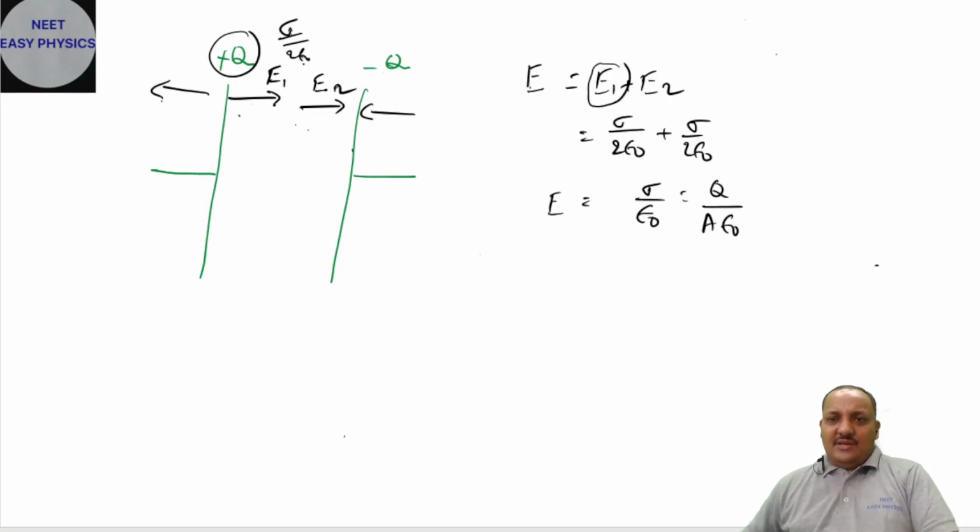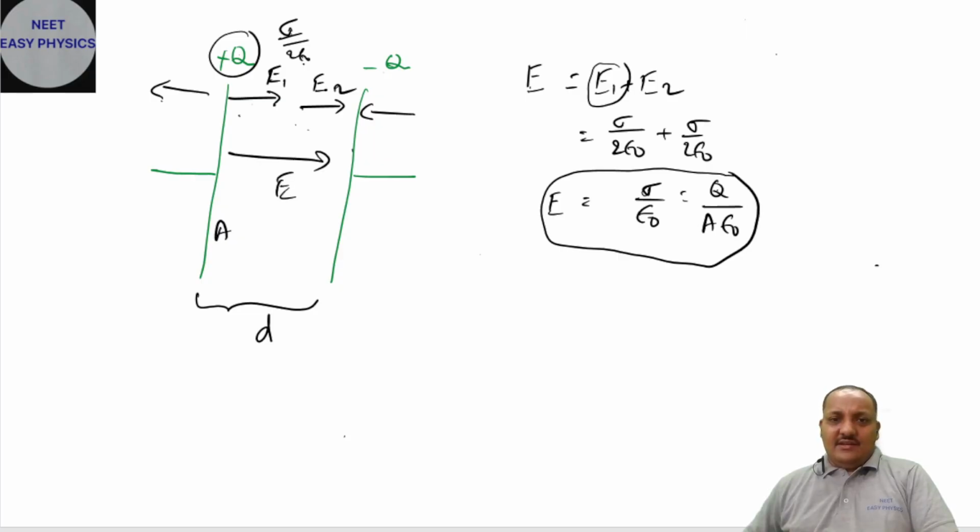Q by A. All these we discussed in the first lesson. Sigma is the surface charge density, the amount of charge per unit surface area. Next, the separation between these two plates is small d, and the area of each plate is A. What is the relation between E, V and d? We came to know E is equal to V by d.